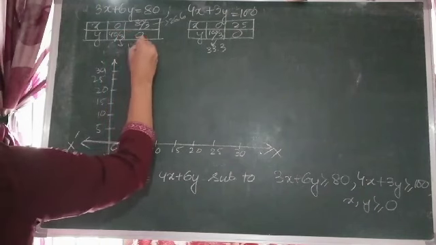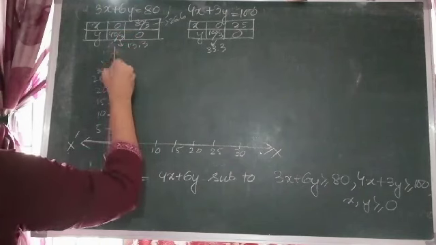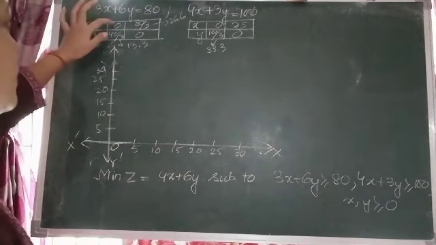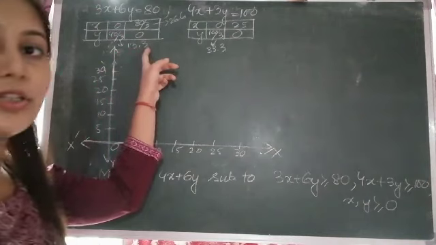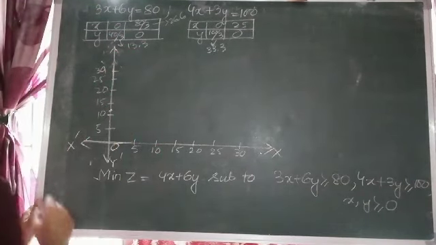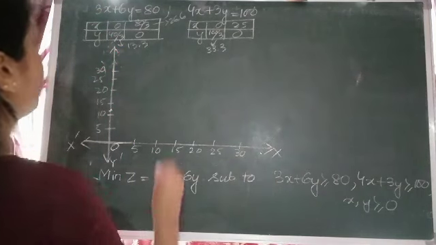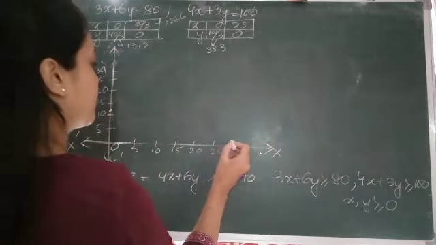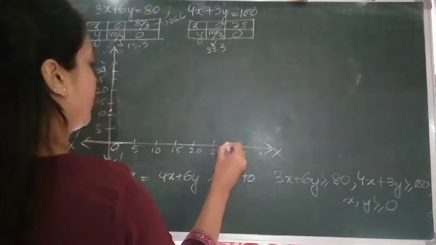Okay, so plot the points. First is 0, 13.3. Next 26.6, 0.